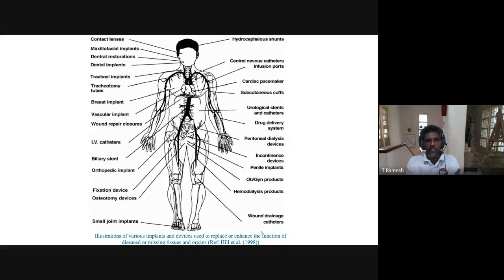So this is an illustration of various implants and devices that are used to replace or enhance the function of diseased or missing tissues and organs. You just see how many areas we have. Starting from breast implant, vascular implant, wound repair closures, IV catheters, dilating stent, orthopedic implant, fixation device.